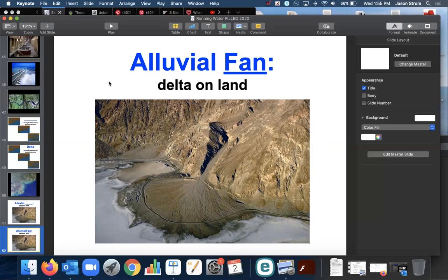So this alluvial fan is formed when there's rain and it washes down sediment from mountains or hillside or something like that, and creates this fan shaped area where that water comes to rest basically in a flat area, and deposits that sediment.